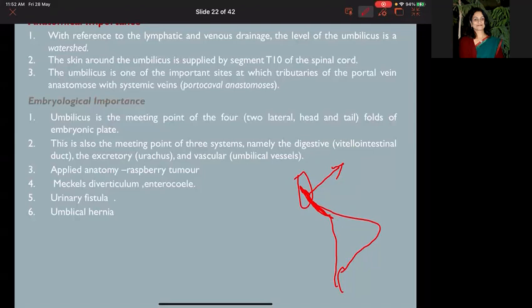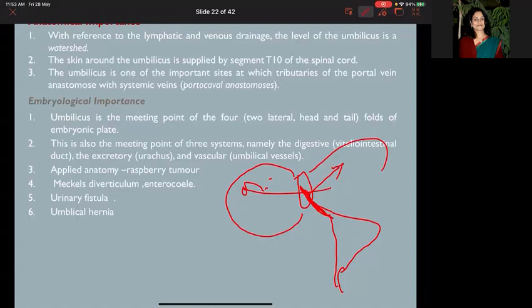Then there may be an umbilical hernia, as we know that during development, some part of the GIT comes out from the abdominal cavity through the umbilicus, and this may remain patent outside, causing exomphalos.